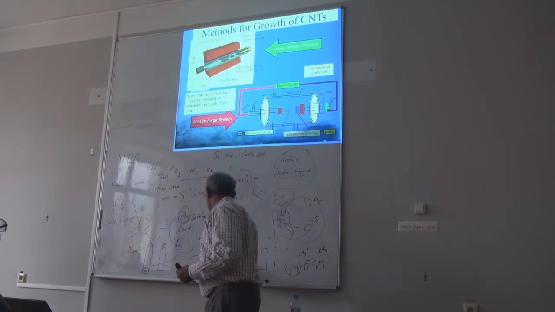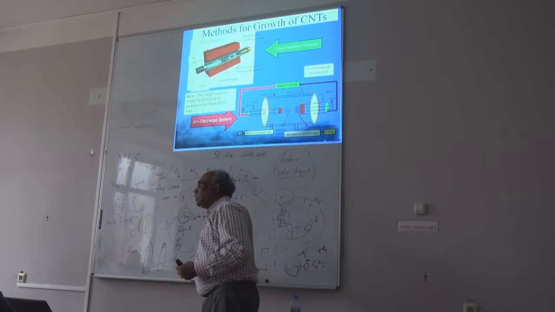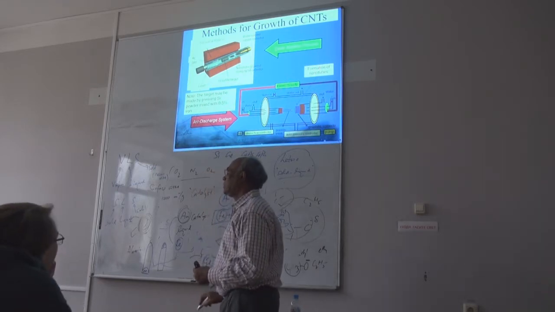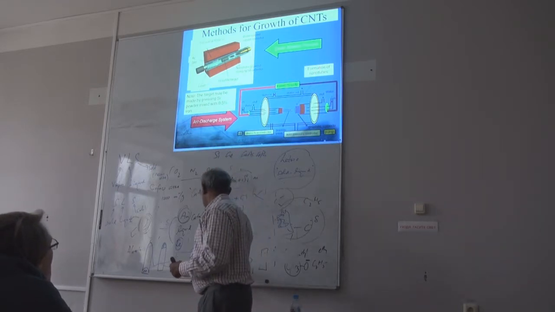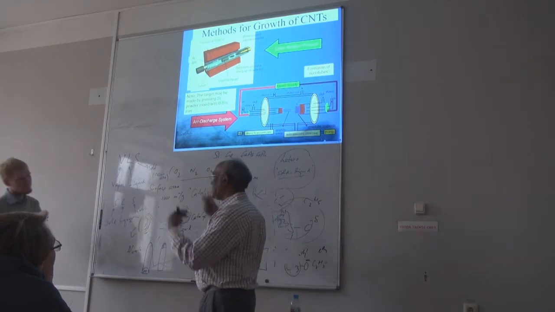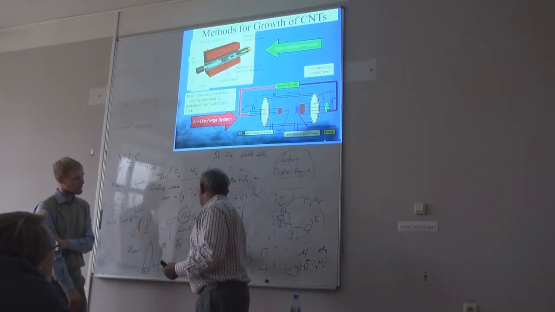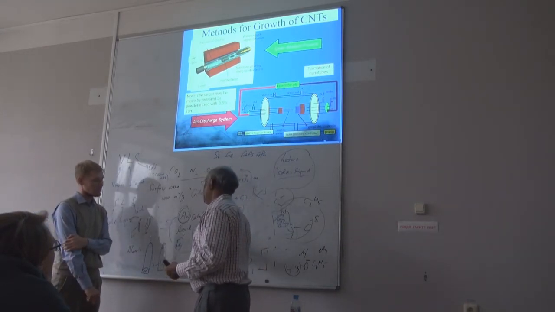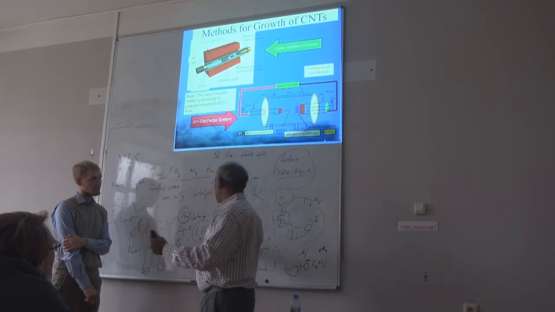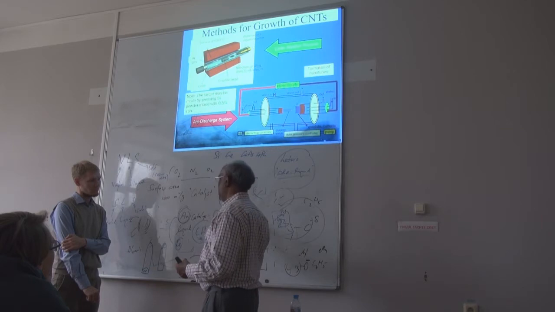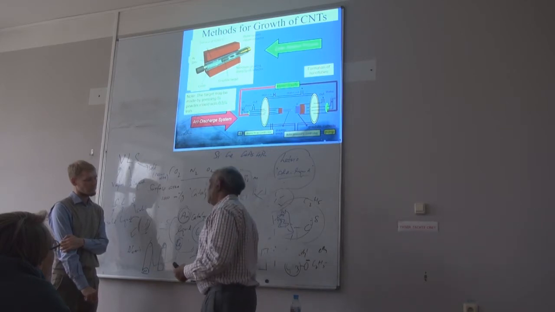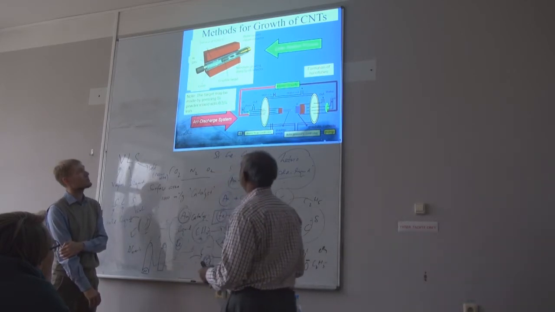After supersaturation it will precipitate like that. This carbon you can get from laser ablation, or I usually use methane gas. At high temperature, methane gas decomposes into carbon and hydrogen. This carbon will dissolve here and go from there. That's very easy to do.